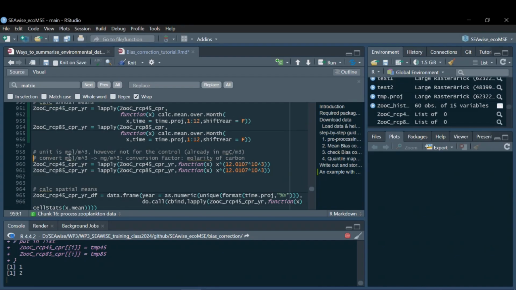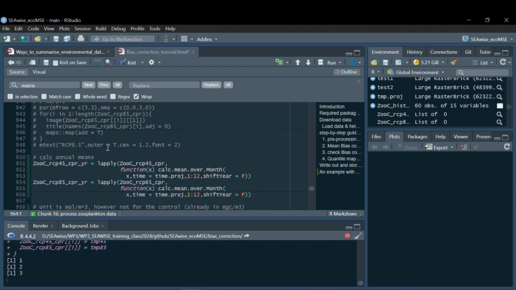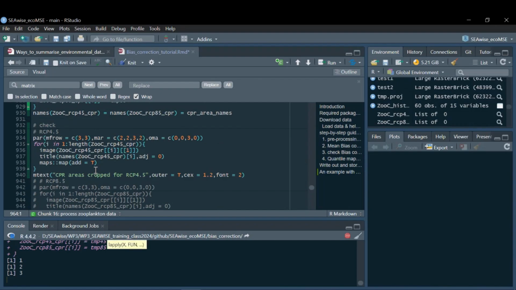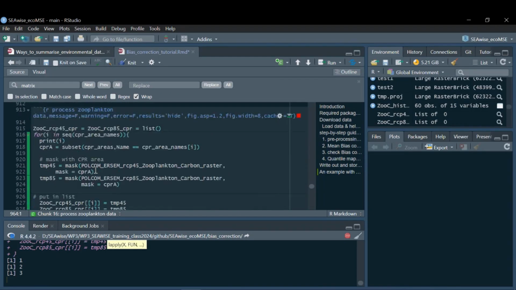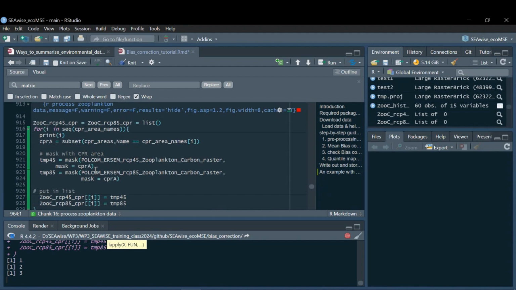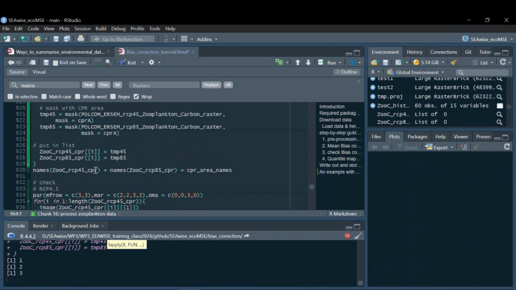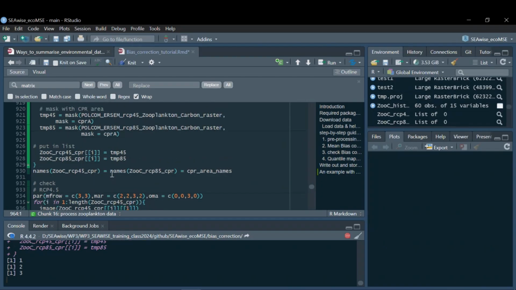Yeah, this is what I convert. Okay, here it goes through all the different standard areas and does the spatial masking. Actually, the script still uses the mask function of the raster package, which is rather slow.